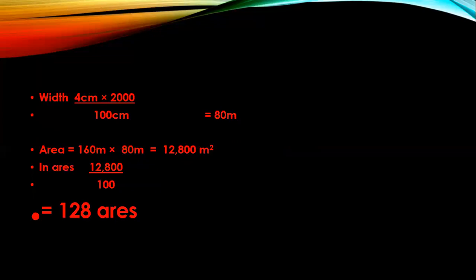And remember, 1 are is equal to 100 square meters. So if you divide 12,800 by 100, you'll get your answer as 128 RS. Very easy.